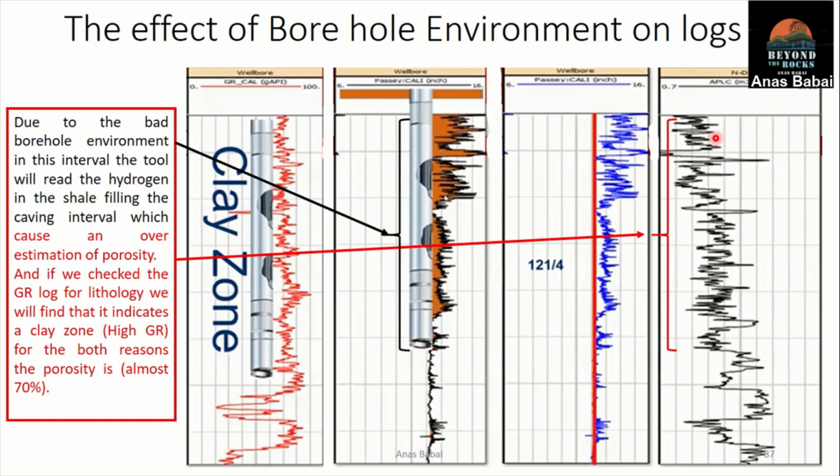So as we see here, most of the porosity values are actually more than 60 or 50% porosity, which doesn't make sense.